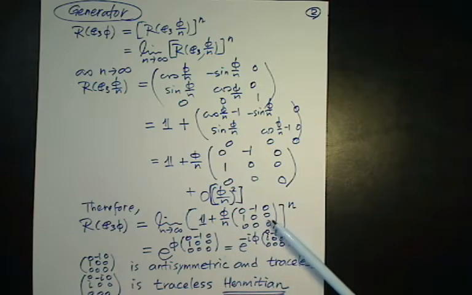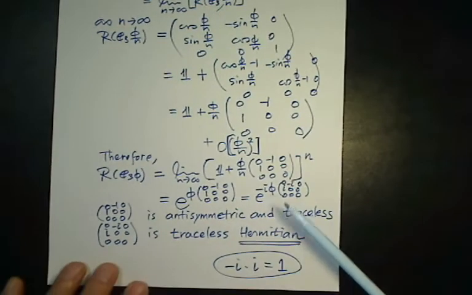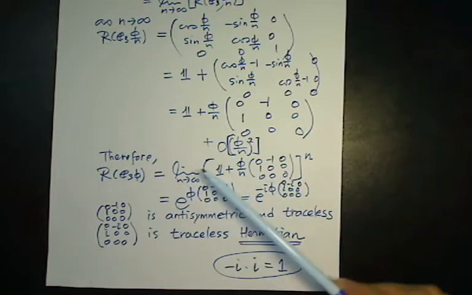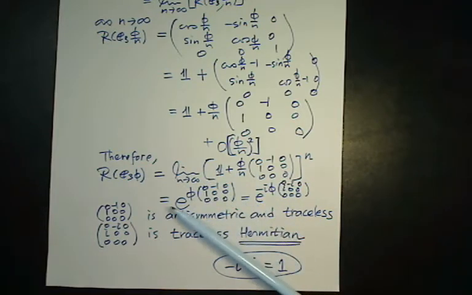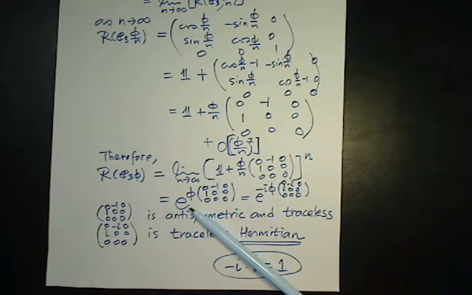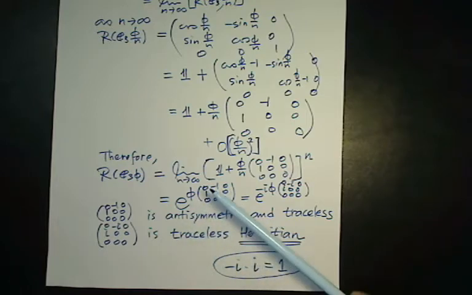And this is by the definition of the exponential matrix. We find this finite rotation can be expressed in terms of the exponential of phi times this anti-symmetric matrix. As we can see, this matrix is traceless and anti-symmetric.